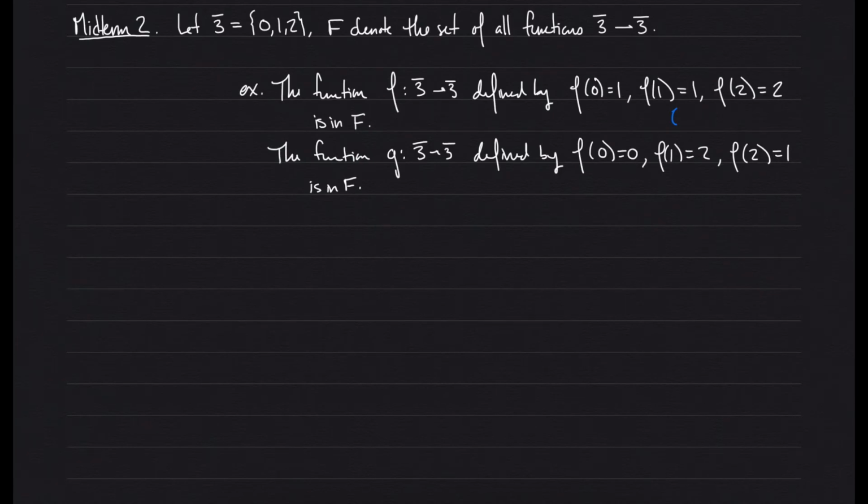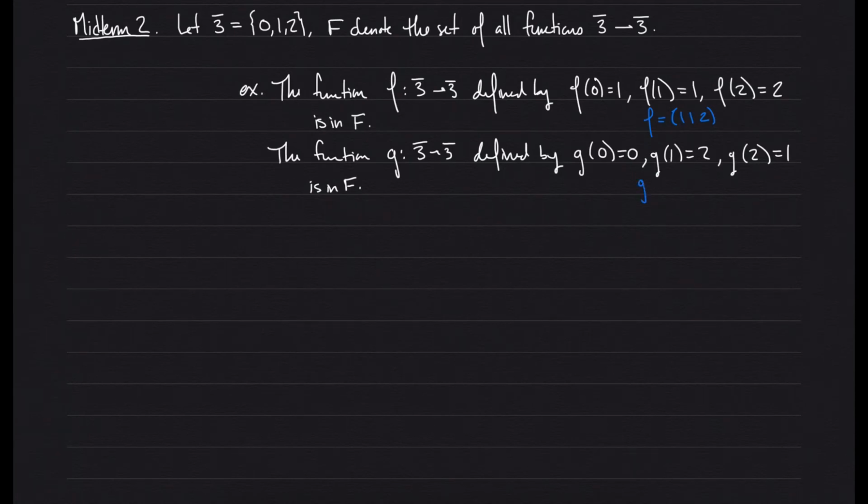So in this first example, 0 goes to 1, 1 goes to 1, and 2 goes to 2. So we can say that this notation I've just made up, 1, 1, 2, is the definition of f. And sorry, this is a typo. I guess these should all be g's, since I wanted to call this function g.